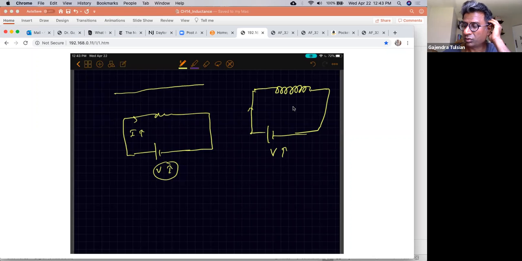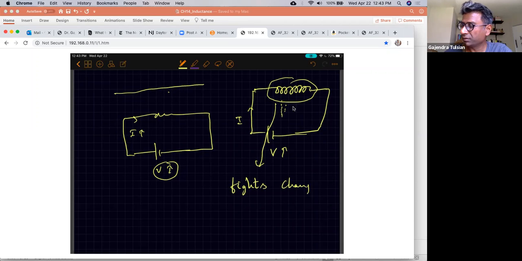This wire, when wound like that, acquires a property where it will induce an EMF in the opposite direction. So if you're trying to increase the current, it's fighting your need to increase the current. So a piece of wire, when wound up like a solenoid, acquires a property of fighting changes in currents.